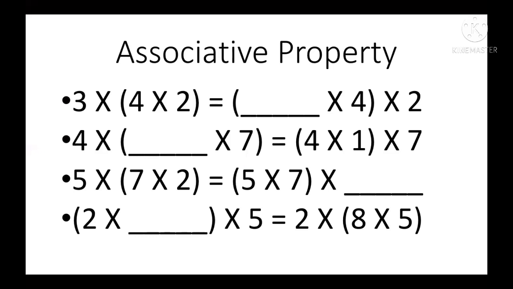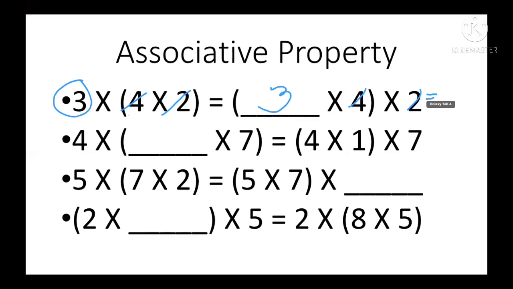3 times 4 times 2, and then blank times 4 times 2. What will be the number we need to put there? 2 and 2 are here, so we will put 3. Good job, because 3 is the missing partner. Now, let's try to answer this one.